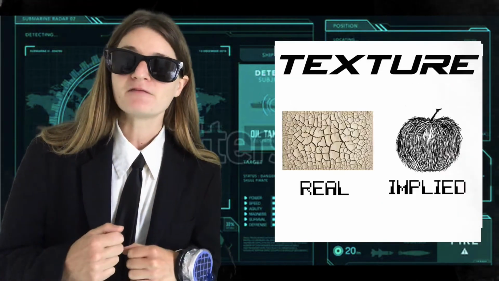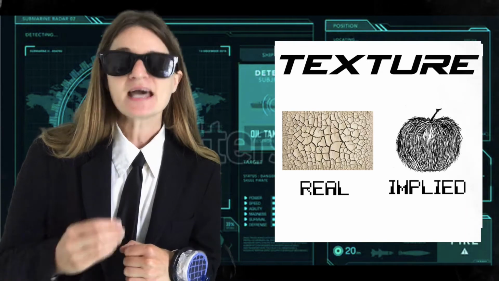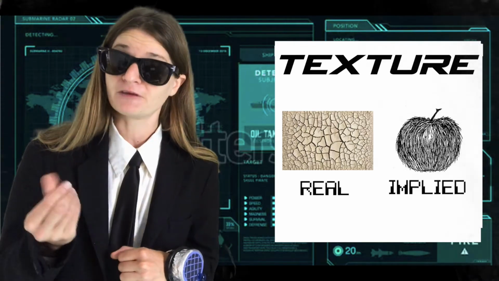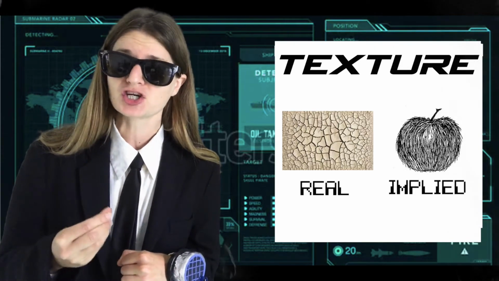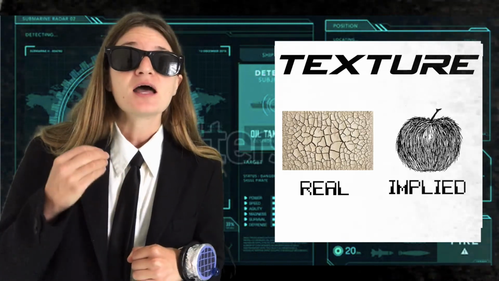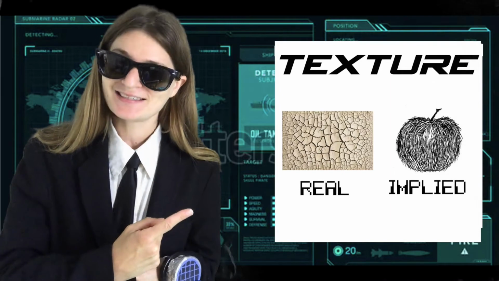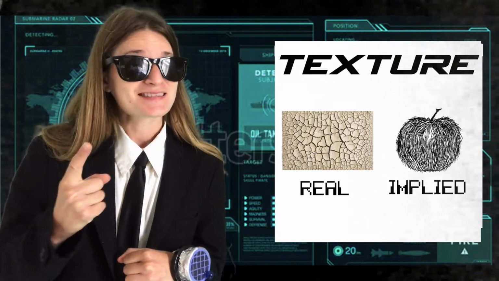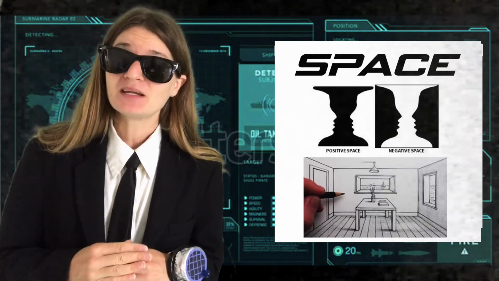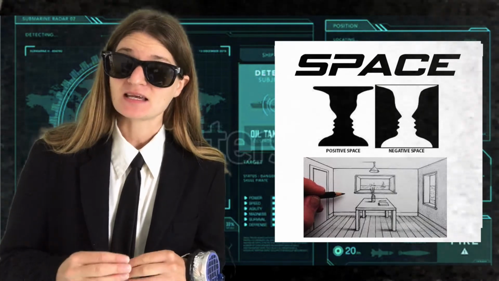Our next element of art is texture. Texture is the way that something feels, that would be its real texture, or the way it looks like how it feels, which would be implied texture. Sneaky. The next element of art is space.